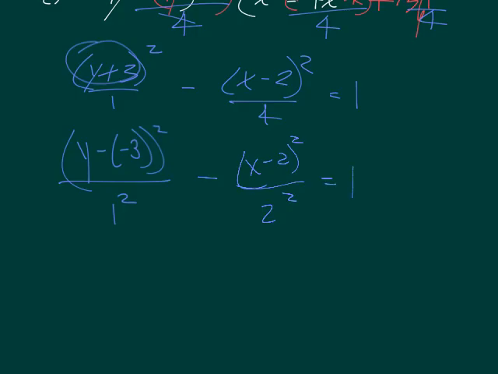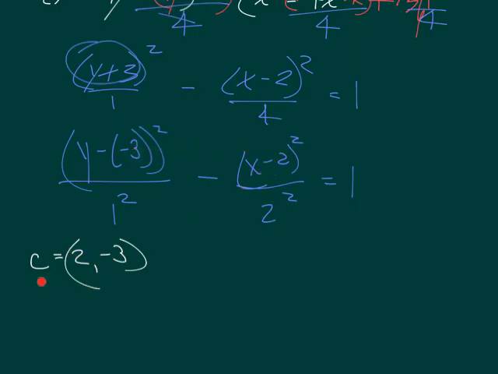So therefore we know our center is... you're going to look at this and go, oh, my center is negative 3, 2. No, this is with my y and this is with my x, so my center is actually going to be 2, negative 3, because again this is my y value, this is my x value.